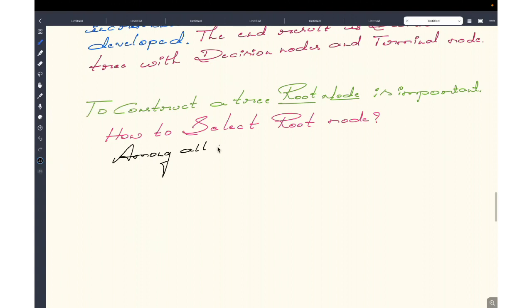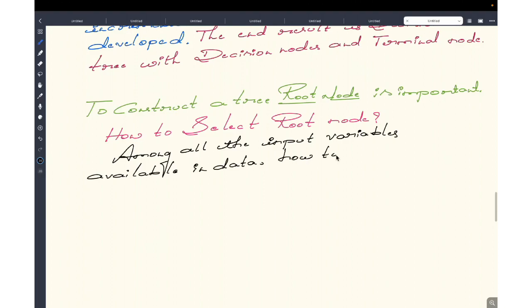Among all the input variables available in data, how to select the root node? Any guess?